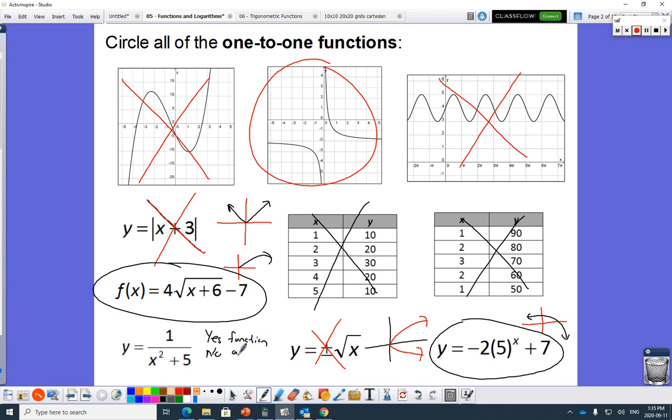No 1-to-1. Said another way, if I put 2 in there or I put -2 in there, I'll get the same y value. Yeah, because they both square and become 4.